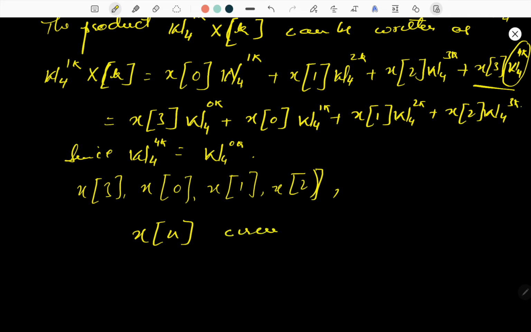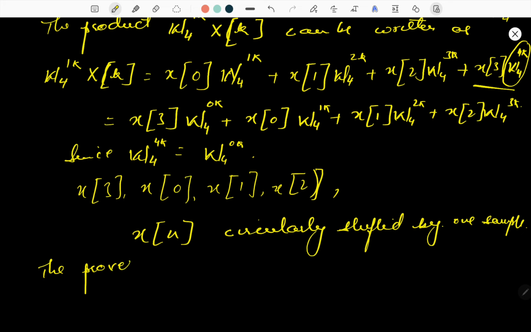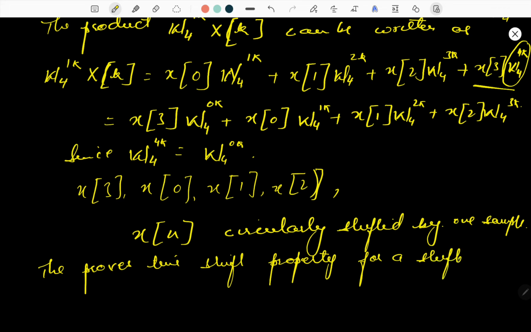This proves the time shift property for a shift of length 1.